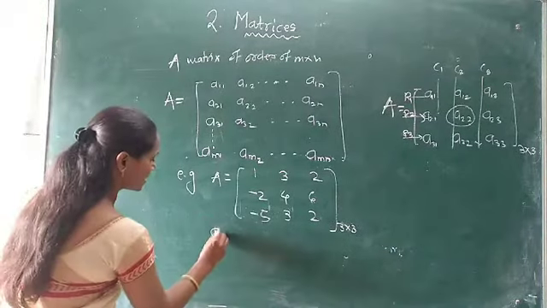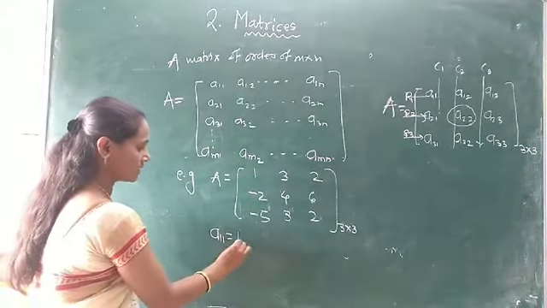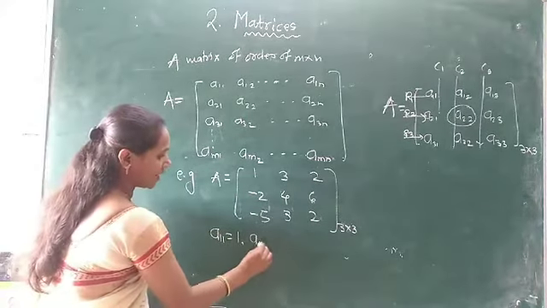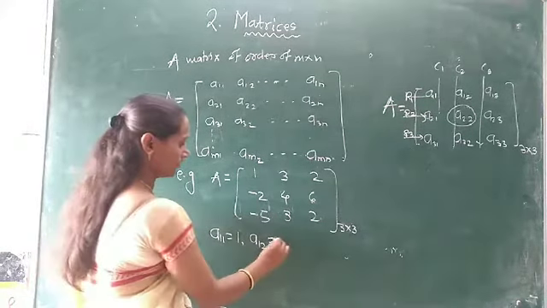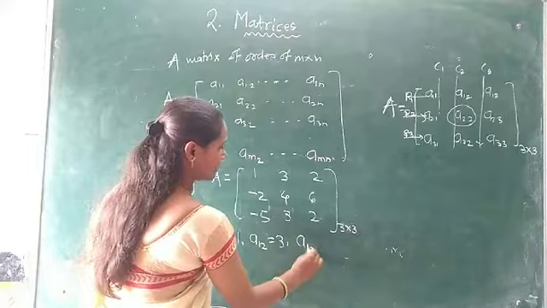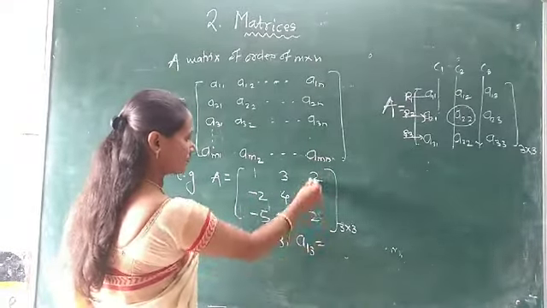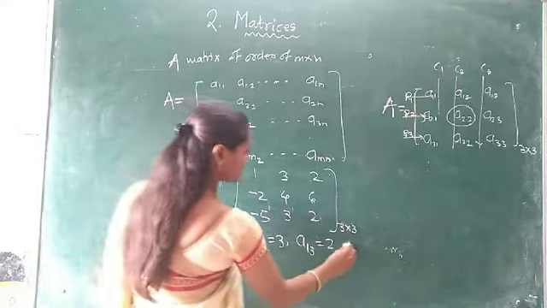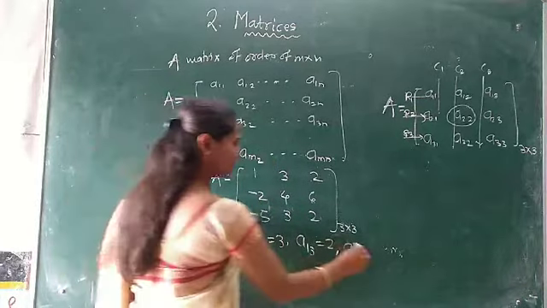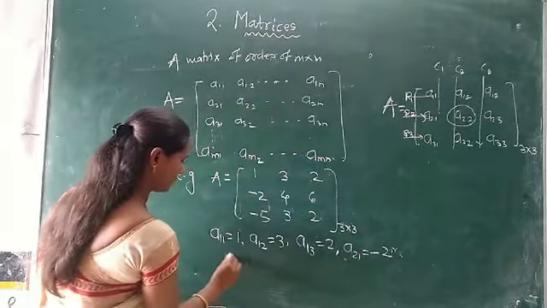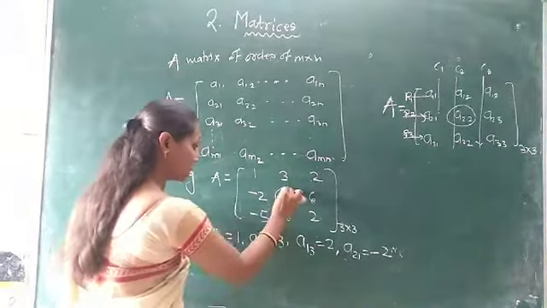The first element, in the first row and first column, that is A11, is equal to 1. A12, the element in the first row and second column, is 3. A13, the element in the first row and third column, is 2. A21, second row, first column, is minus 2. A22, second row, second column, is 4.